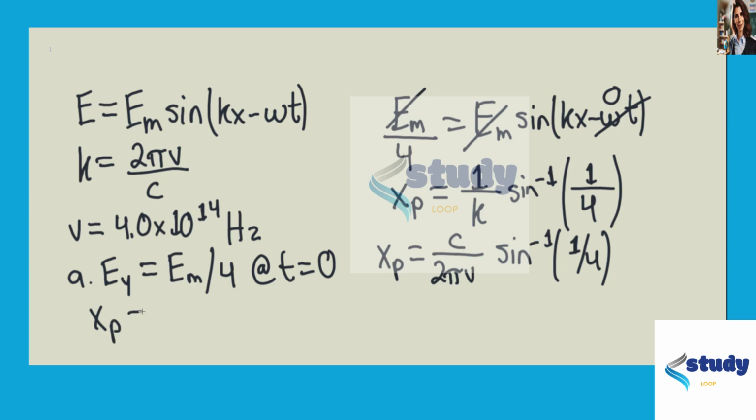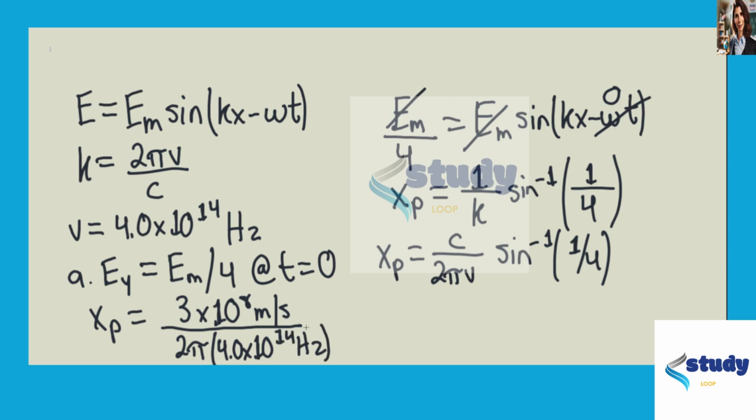Rounding, this would be equal to 3 times 10 to the 8th meters per second divided by 2 pi times the frequency of oscillations, 4.0 times 10 to the 14th hertz, times arc sine of 0.25.